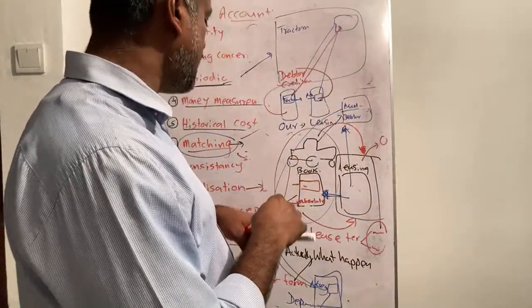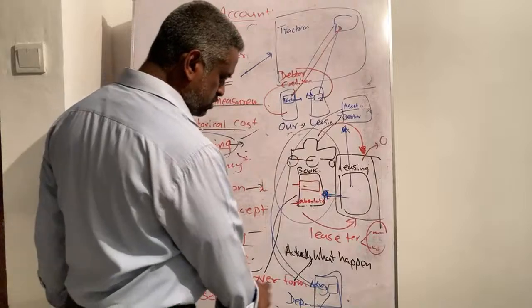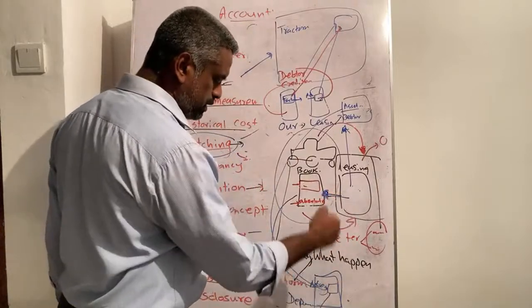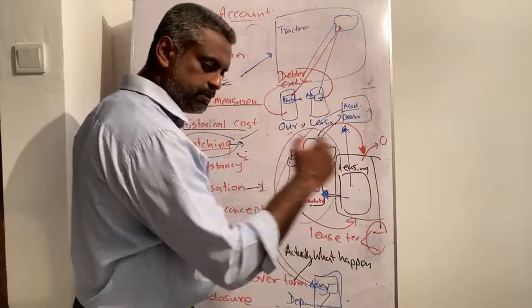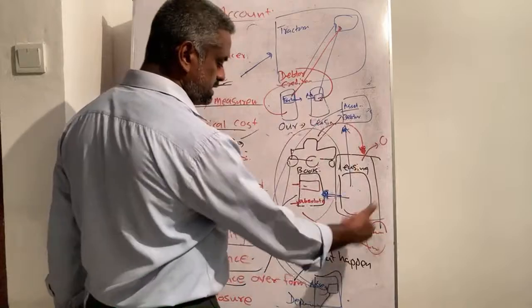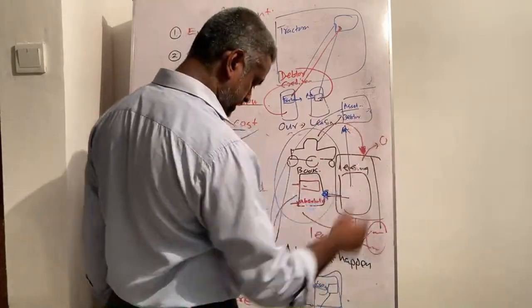So that is the argument here. Substance over form, especially for leasing agreements: you are permitted to record that particular lease asset as your asset, and the leasing company should record it as debtor, right?